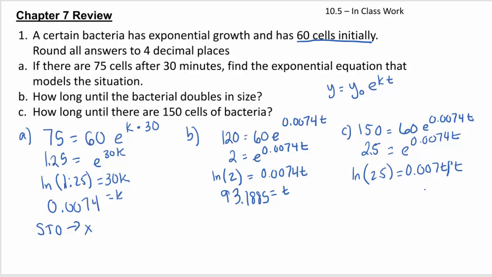I got too aggressive, I was thinking about my t. So t equals, again, in my calculator, I'm putting ln of 2.5 divided by x, and I'm getting 123.1885. So that's how you do the two problems you guys asked about.